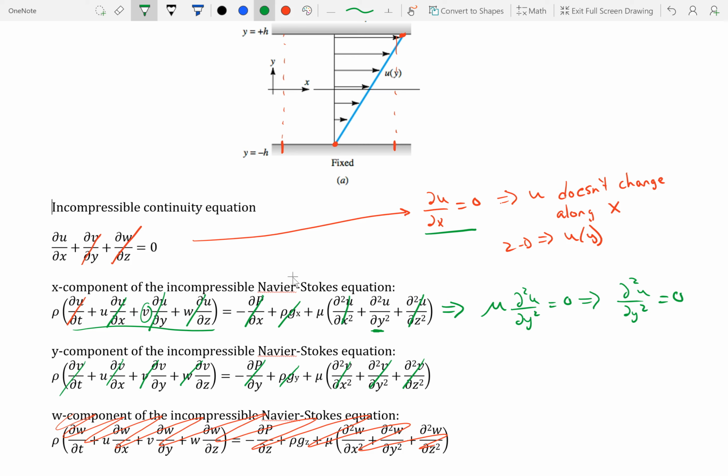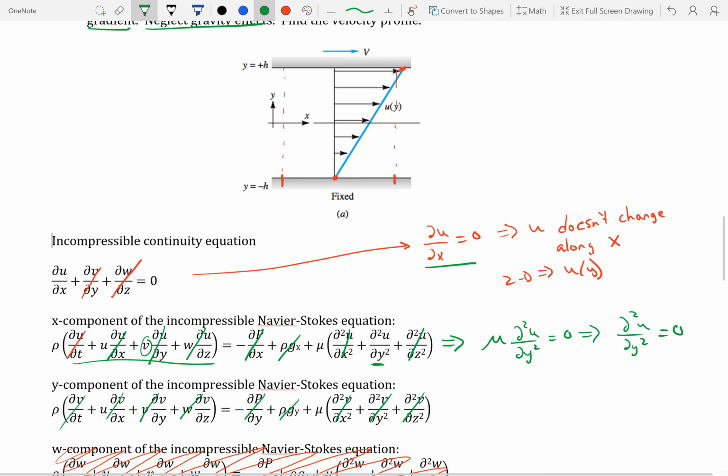So from the continuity in the Navier-Stokes equations, we end up getting that du dx is 0 from the continuity, and that again means that the velocity profile at this x position and this x position are the same exact position. They're the same for x. However, because it's 2D, that means that the velocity profile is only changing in the y direction.